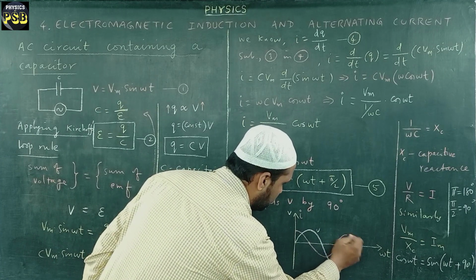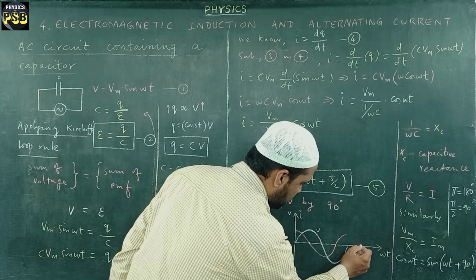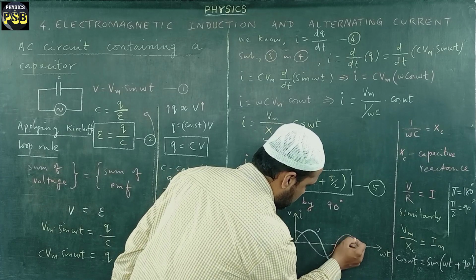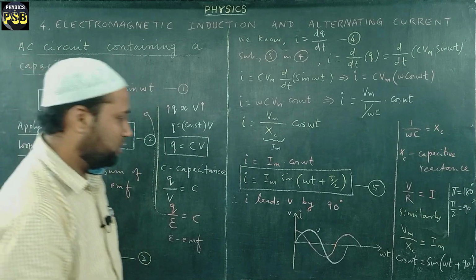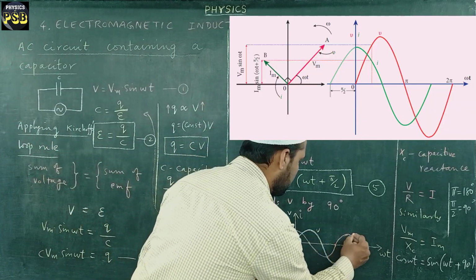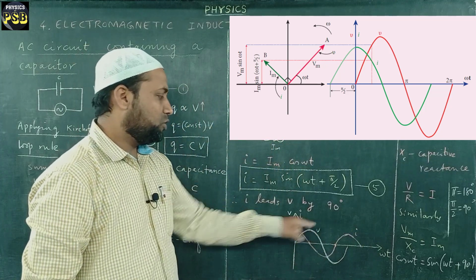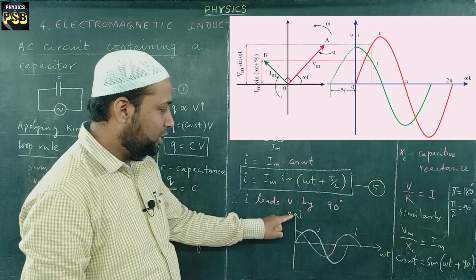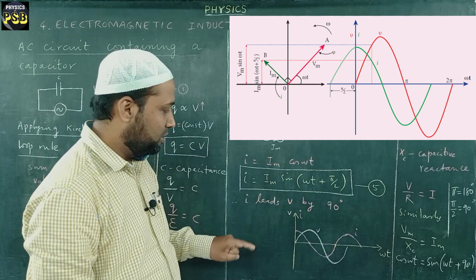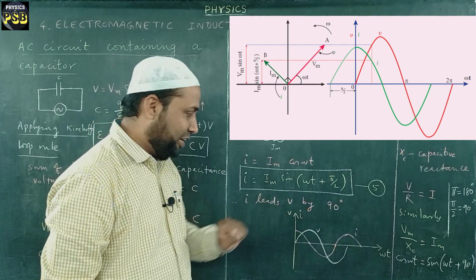This graph represents I. This waveform diagram represents the relation between voltage and current, which clearly shows that current leads the voltage by 90 degree.